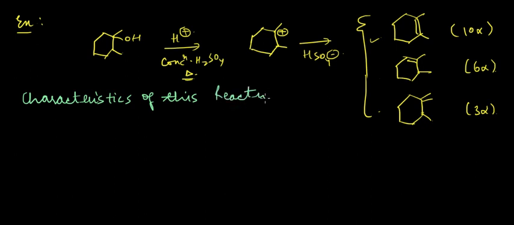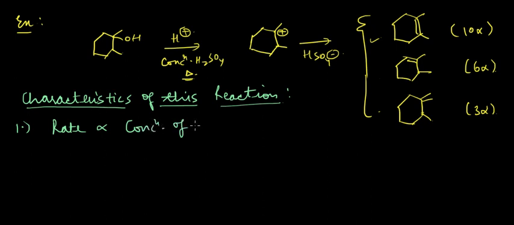This is the flow we'll be following in all the future video lectures in chemistry, especially in organic chemistry. Okay, so rate is proportional to the concentration of alcohol. The more the concentration of the reactant or the substrate, the more will be the rate of reaction.